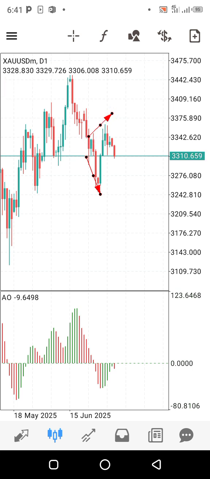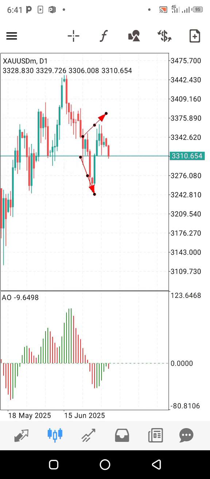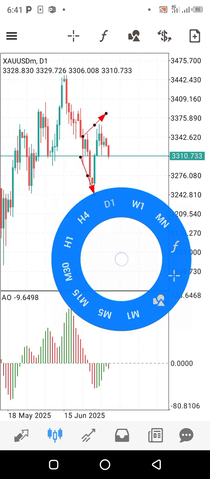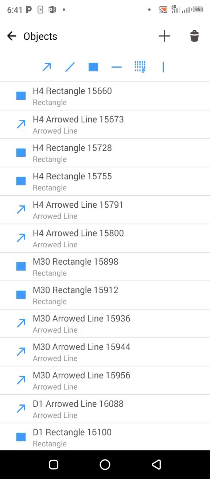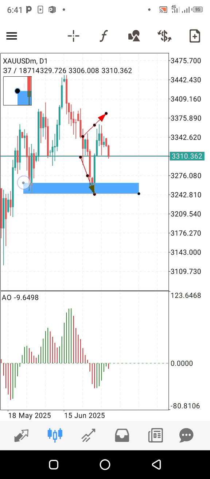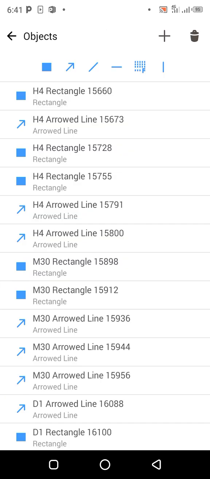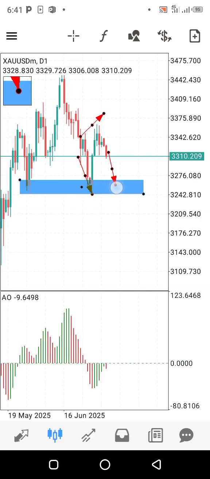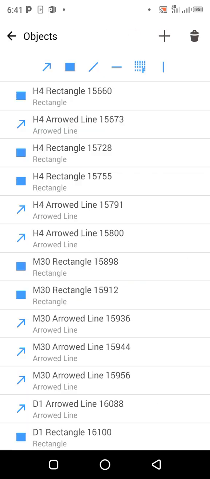So with that in mind, you can simply wait for price to pull back towards an optimal buying area. So this is the optimal buying area. You will just place your buy limits around that area. So wait for price to drop all the way to this area, and then you can take our buys from there.